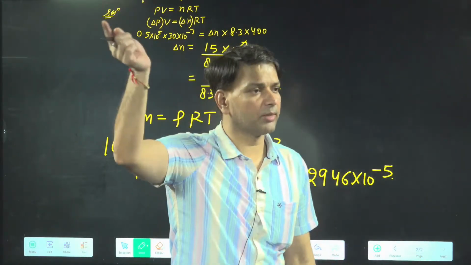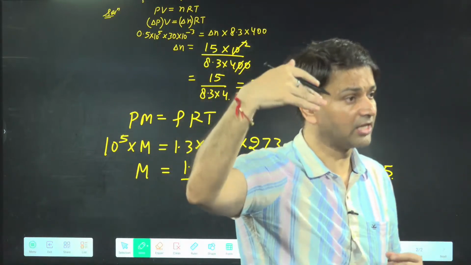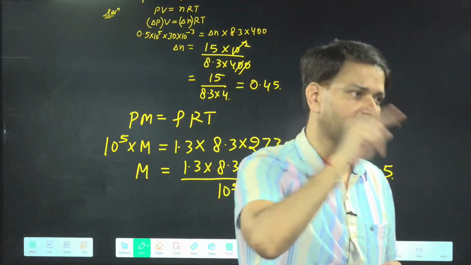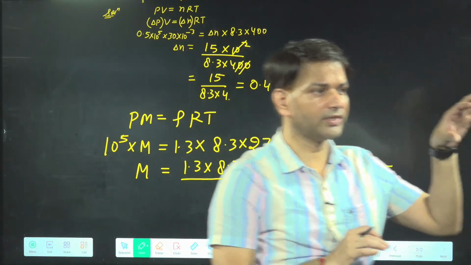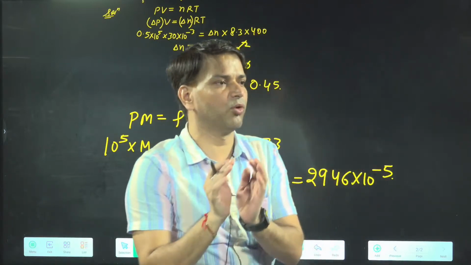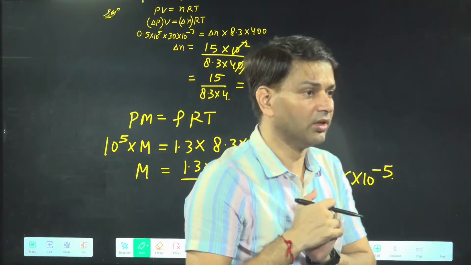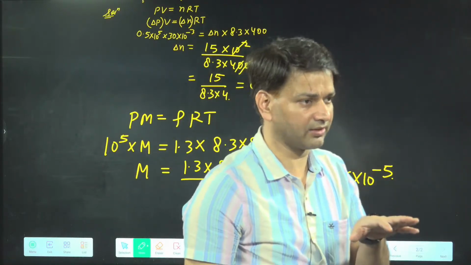But in the formula of moles, number of moles is the mass upon molar mass, and the molar mass we put in grams, then the mass you get in grams. For example, the molar mass of oxygen is 32, so that is 32 grams we take.